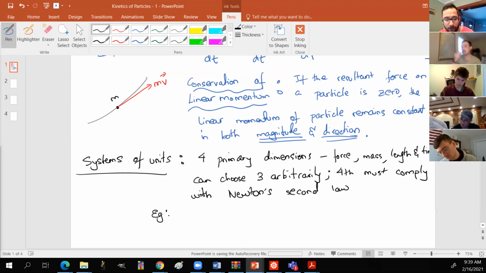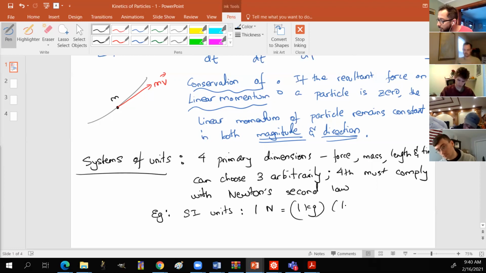We've seen this a lot. You have your SI units, whereby 1 Newton is equal to 1 kilogram times 1 meter per second squared, which is just 1 kilogram meter per second squared.